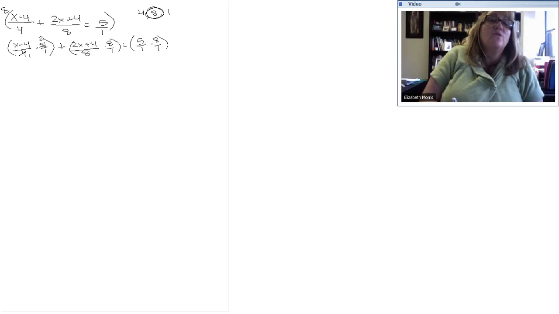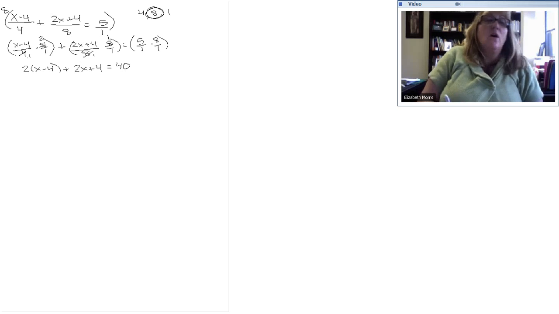So I have 2 times x minus 4 all over 1, fraction's gone, plus, here the 8 becomes a 1 and the 8 becomes a 1, so it's just 2x plus 4 all over 1, no more fraction, equals, nothing cancels out, but 5 over 1 times 8 over 1 is just 40.